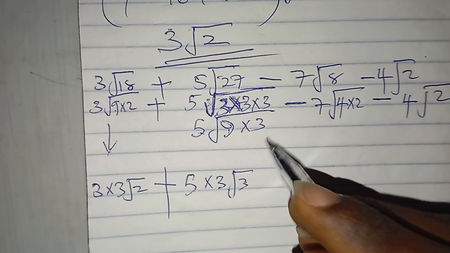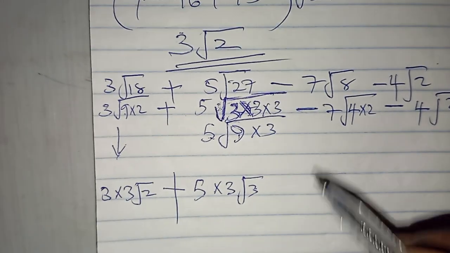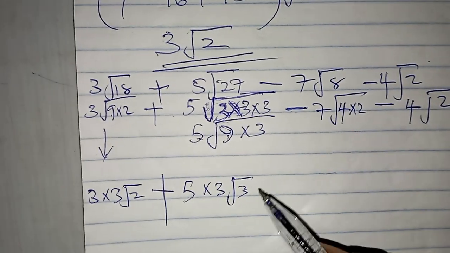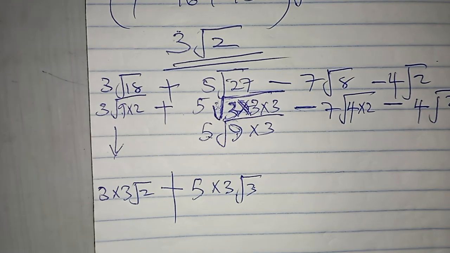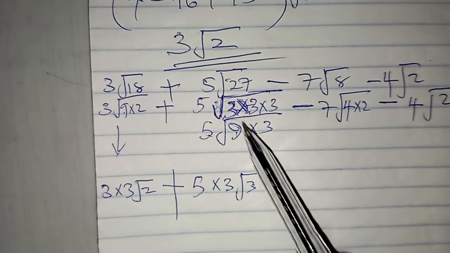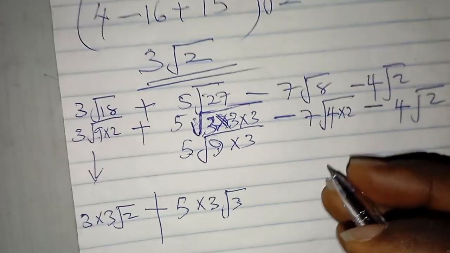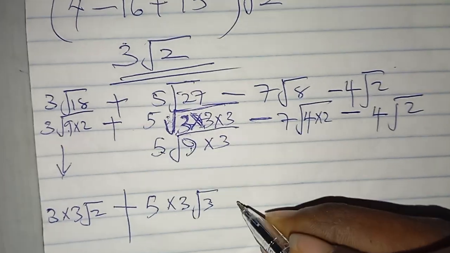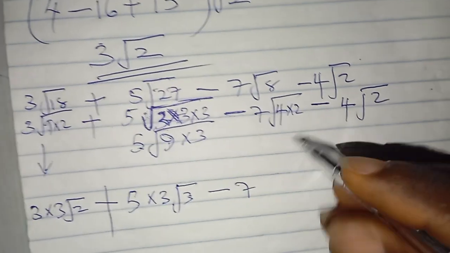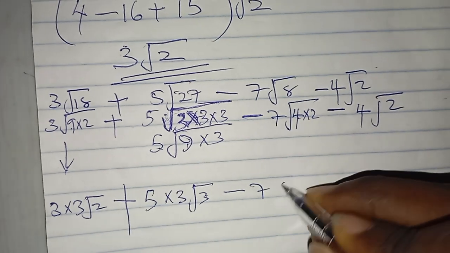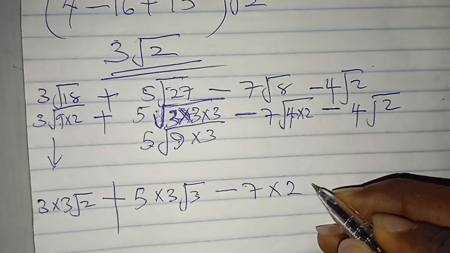So 3 root 3 gives me the value for this. And you remember that I said that cube root of 27 is what it gives you. So we are focusing on using this root, so don't try to play smart. Minus 7 root 4 2.